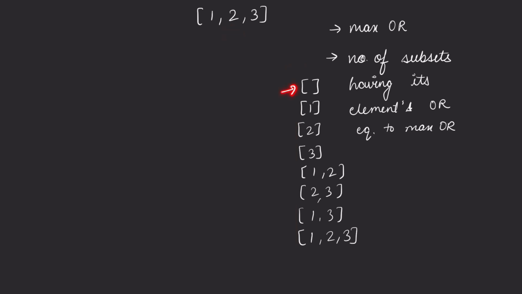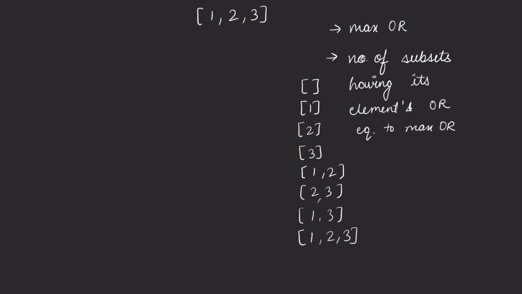Now in these subsets, whichever has its elements' OR equal to the max OR has to be counted in our answer. So first of all, we need to identify all the subsets of this array. Now how are we going to do that? In your subsets, you will see that either an element from this array is present in that subset or it is not present.